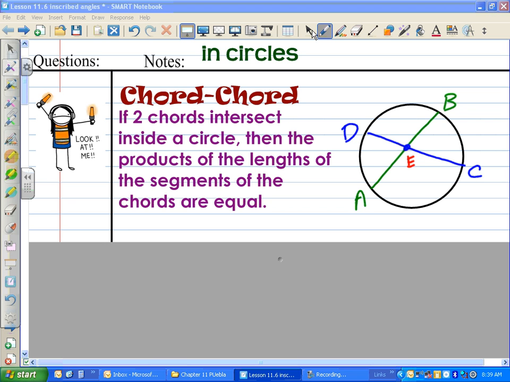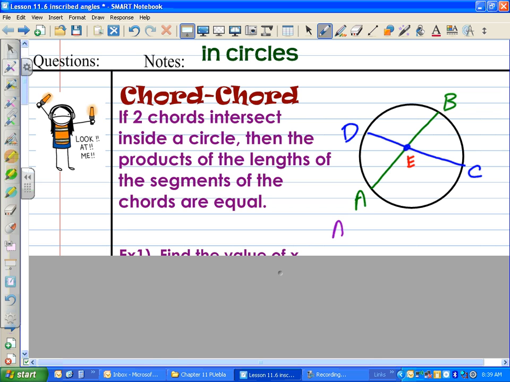So AE times EB is equal to the same thing as this, CE times ED. I should probably write it this way, to make it less confusing. So if you know three numbers and you have one missing, then you can find out what that missing segment is. That's basically what you're going to be doing right now.